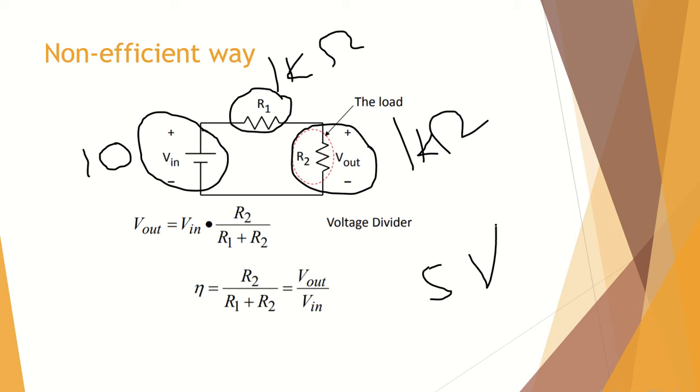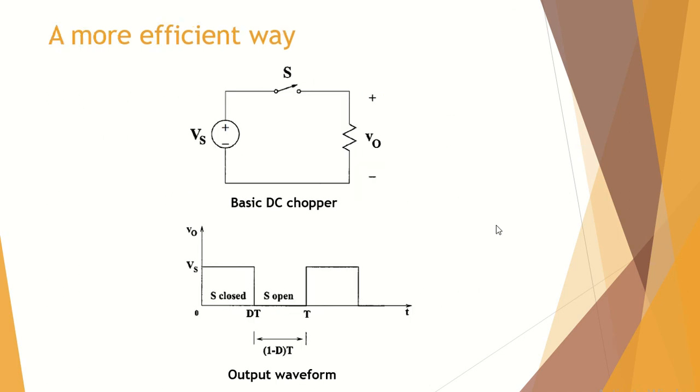But this is an inefficient way. It contains a lot of ripples. Also, it can be used for a limited range of voltage values. So today we will discuss an efficient way of doing this step down of the DC voltage.